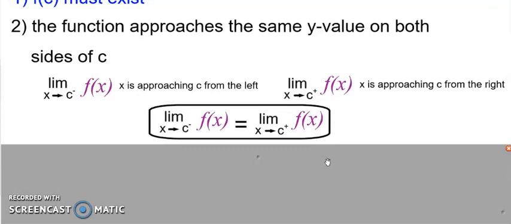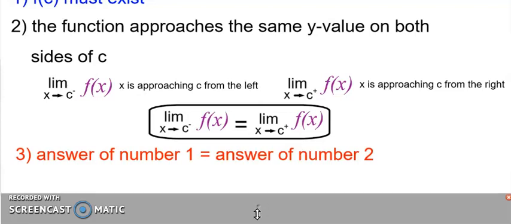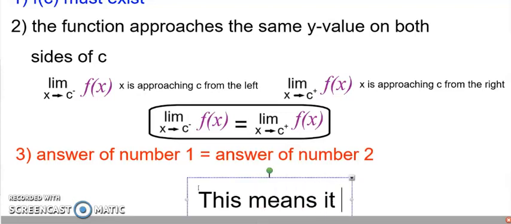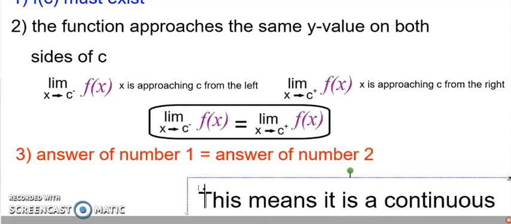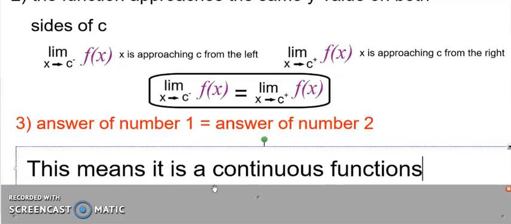Then step 3 is: if the answer for step 1 and the answer for step 2 are the same, if they equal each other, that means it is a continuous function at x equals c.